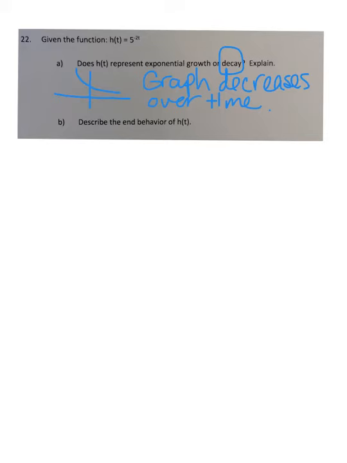All right, so then part B asks you to describe the end behavior of h of t. So remember end behavior. That's as t goes to negative infinity, and then also as t goes to positive infinity. Now t is representing x, okay?